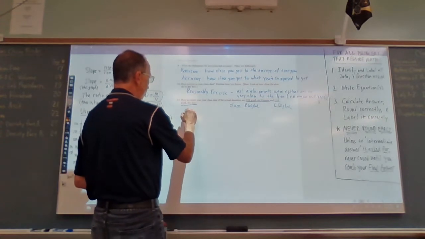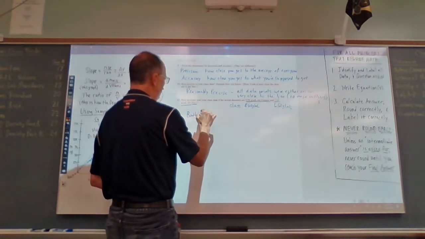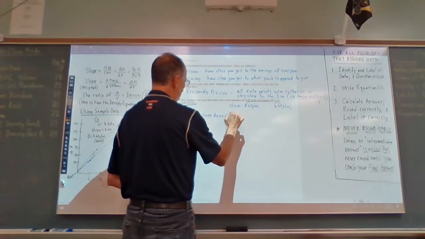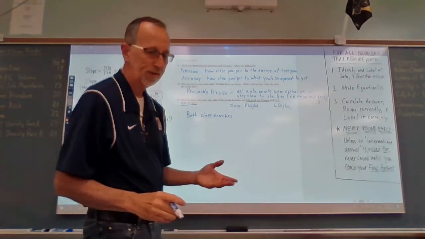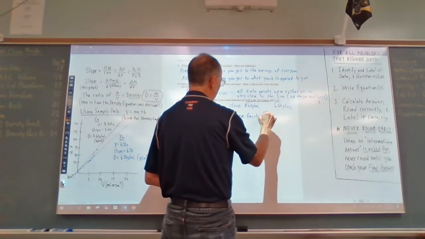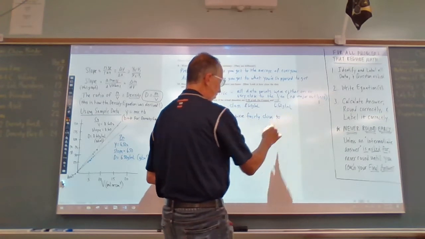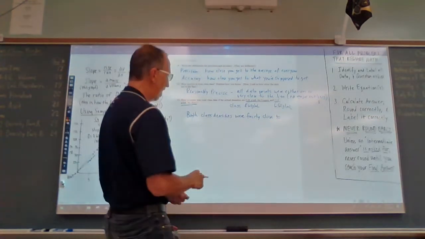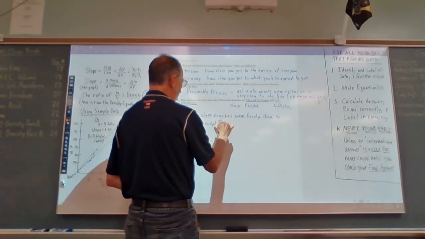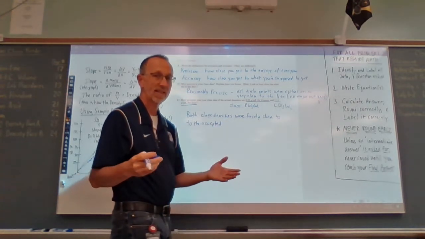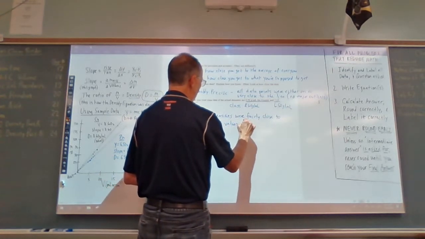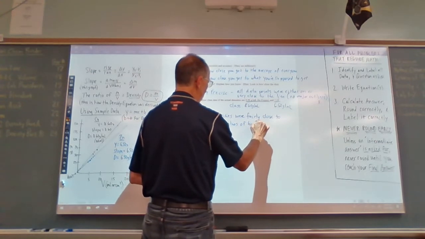And I would say that both class densities were fairly close to the accepted value. Remember, we call accepted values also the theoretical values. The accepted values of both densities.